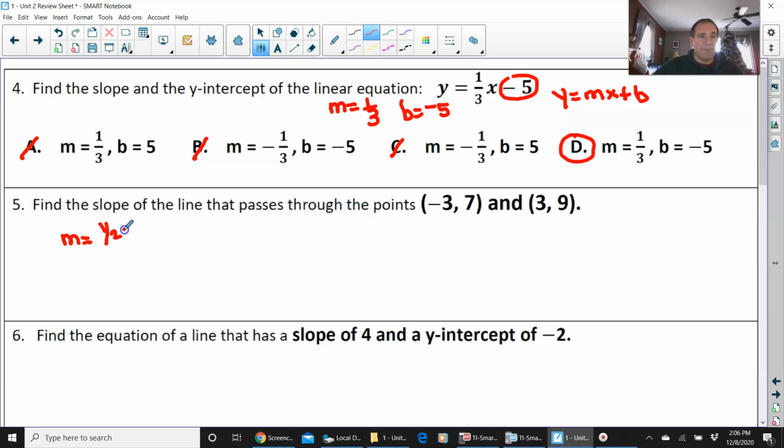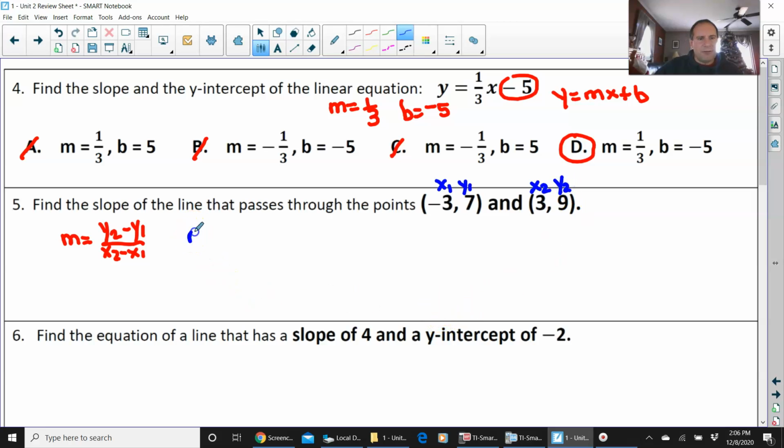So you write that formula down every single time you use it. The second thing you must do is label. This is my first x, so it's x1. This is my first y, this is y1. This is my second x, this is x2, and this is y2.